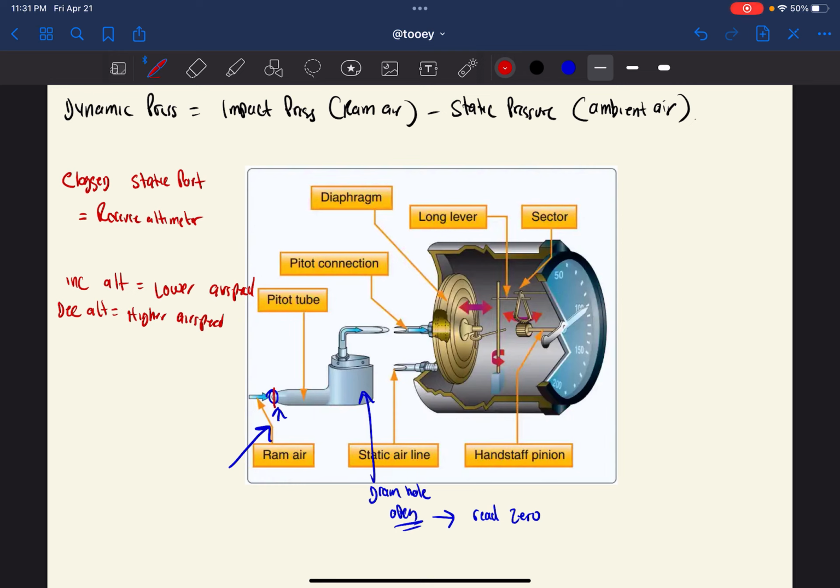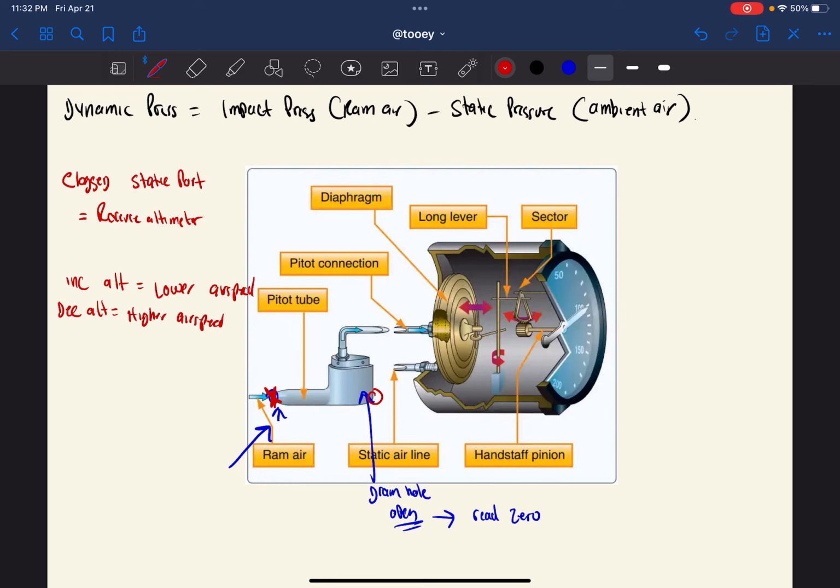All the remaining air is just going to bleed out the back, and the airspeed indicator is going to read 0. Why? Because there's no more impact pressure to compare with the static pressure.